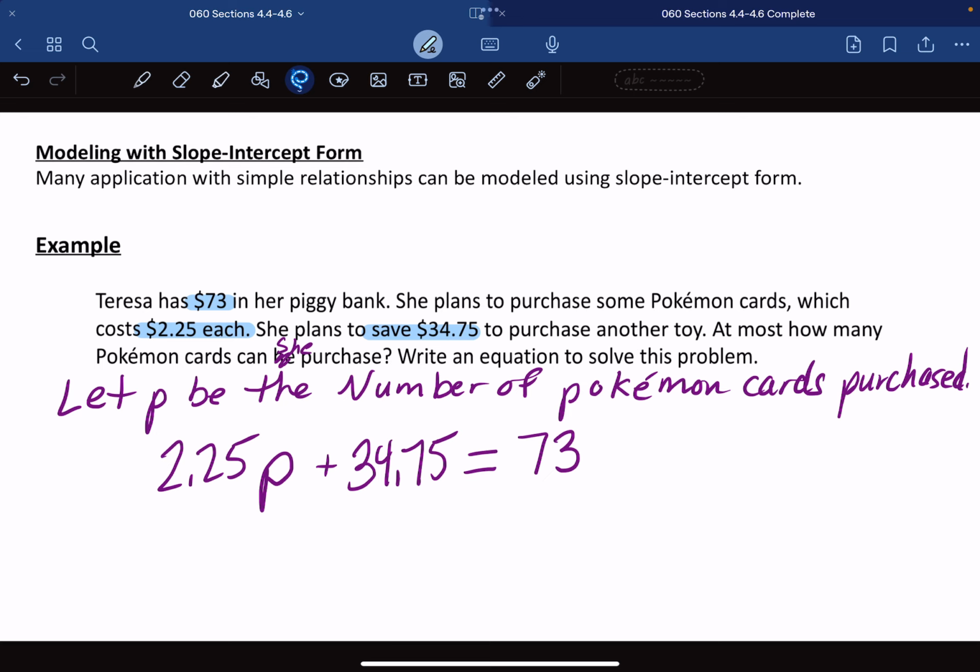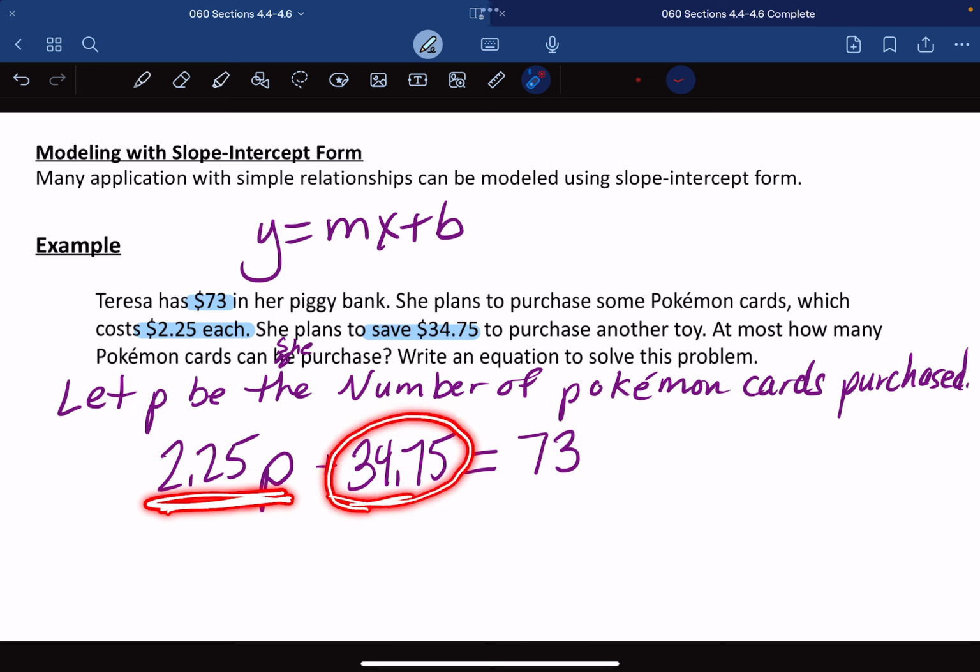And you may notice that this is actually y equals mx plus b, because the mx part is our rate of change. This is what's changing. The cost of the cards is what's changing. We're going to save this amount here no matter what. It's not going to change.